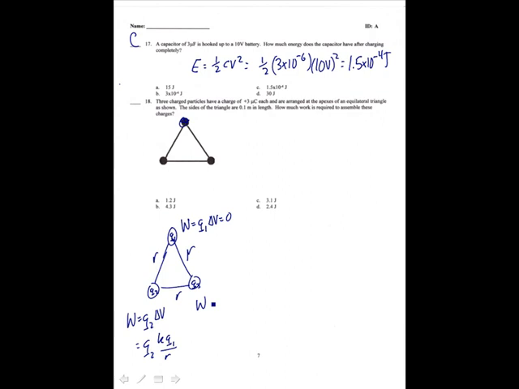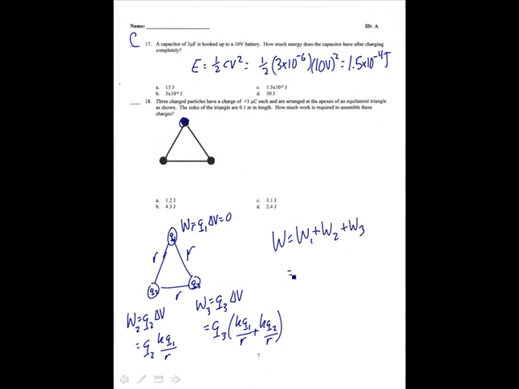The work to place it here is equal to Q3 times delta V, which is Q3 times K Q1 over R plus K Q2 over R. Now this is work 1, work 2, work 3. The total work is just the sum of those.